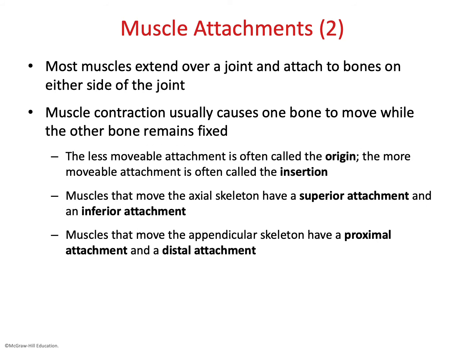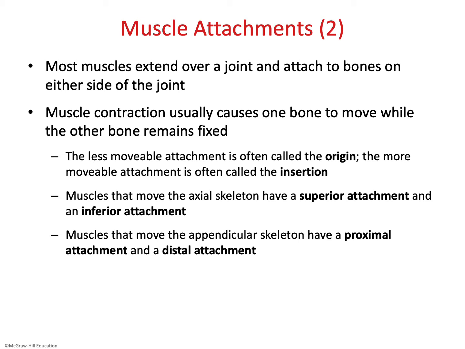Most muscles extend over a joint and attach to bones on either side of the joint. We call one end of the muscle the origin and the other end of the muscle the insertion. One end usually causes one bone to move, while the other bone or other end of the muscle and bone remains more fixed.